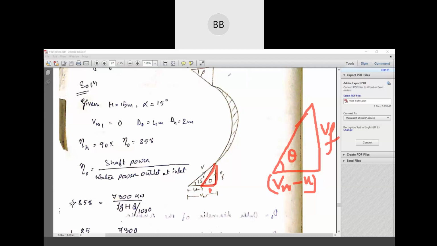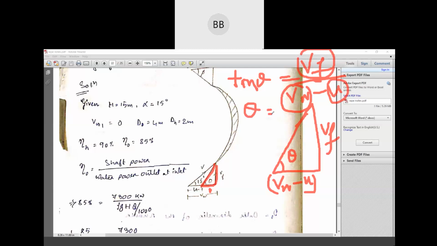So to find out this theta, we have to take tan theta equals Vf by Vw minus u. So to find out theta, we should know the value of Vf, Vw, and u. Then only we can find out the angle theta.